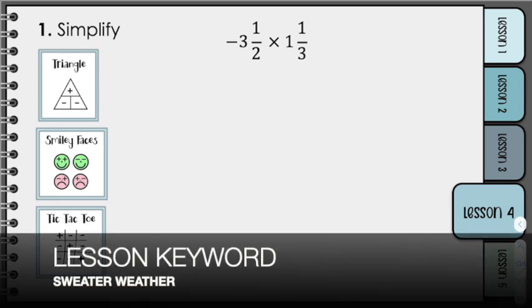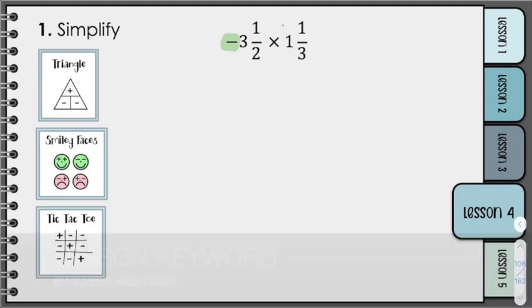So here we have a negative answer, we have no sign here, so that automatically makes it a positive 1 1/3. So I have a negative times a positive. If I know that, I know my answer will be negative. So let's find out what it is. I'm going to first convert my mixed number into an improper fraction.